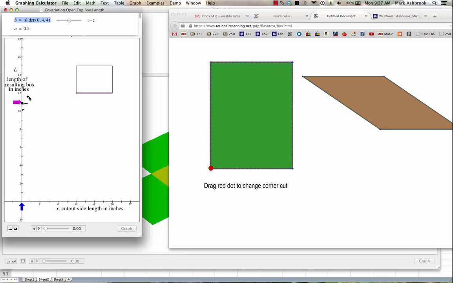Okay, and the length of that is? I said 0.5. And how can we represent that symbolically? So what is our symbol to represent increasing the cutout side length by 0.5? What's our symbol for that?